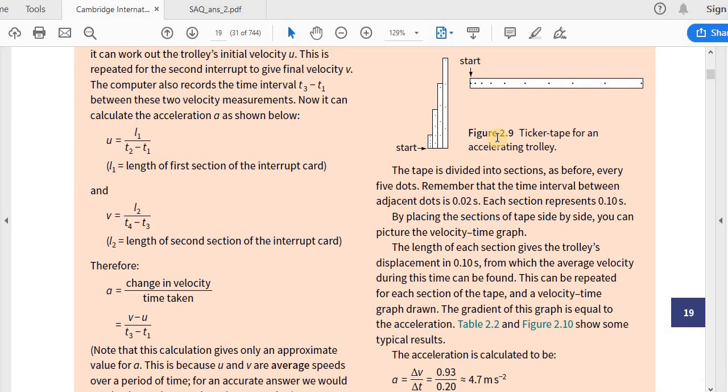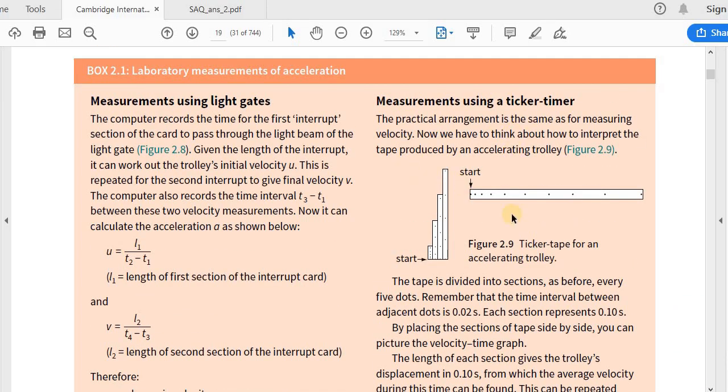So you can see over here, every 0.02 seconds there is a dot, and the distance between the dots is increasing, which means the object is accelerating. Now the dots are printed at a constant rate, but if you pull the tape out from that machine faster, then the distance between gaps increases, which means the object is accelerating.